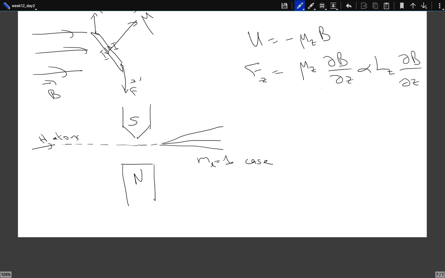But for the L equal to 1 case, there are 3 different values of ml: 1, 0, and minus 1, so it splits into 3. If L is equal to 5, then there are 11 different values of ml, so it will split into 11, not just 3.